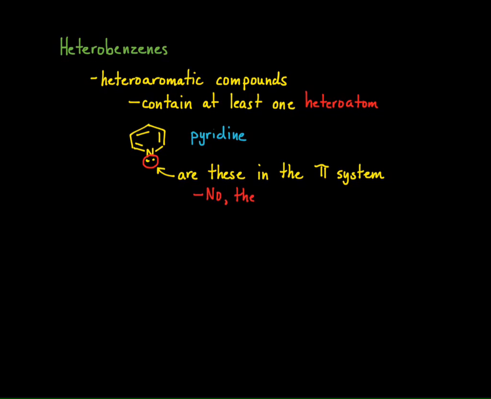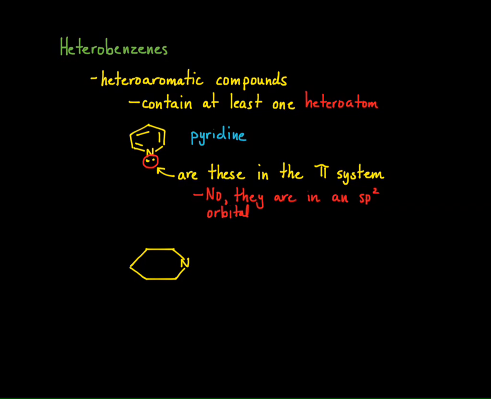Now, the answer to that is no. They're not. The reason for this is because the nitrogen in this case is sp2 hybridized. It has a p orbital in which there is already a pi bond being formed, and so the lone pair of electrons actually resides in an sp2 orbital.